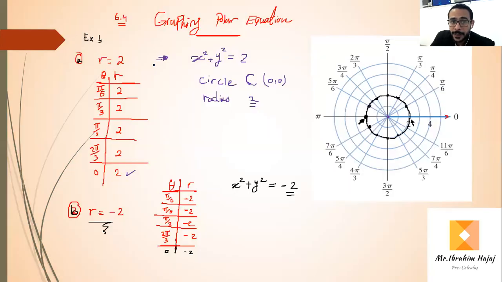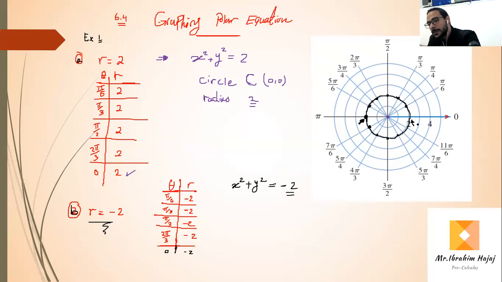In general, guys, I would like to say something here. Even if you have r equals a number, either positive or negative, you have a circle. If it's r equals 5, it's a circle that passes through the fifth circle. And if it's negative 5, also a circle passes through the fifth circle. But keep the direction counterclockwise, and the difference between positive and negative is the starting point.